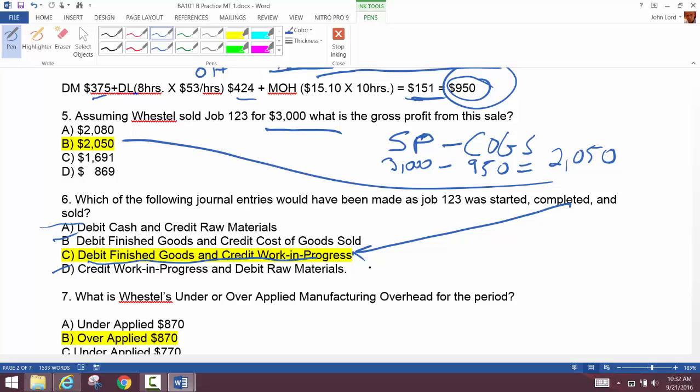Let me put that in general journal form. Debit work in progress 50,000 and credit manufacturing overhead applied for 50,000, right?